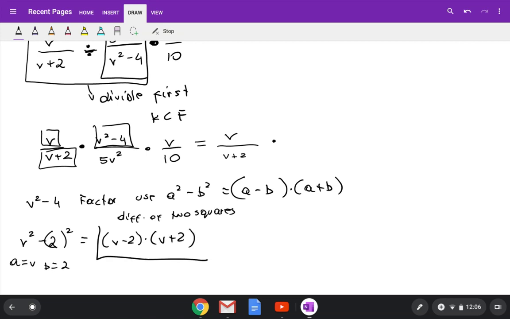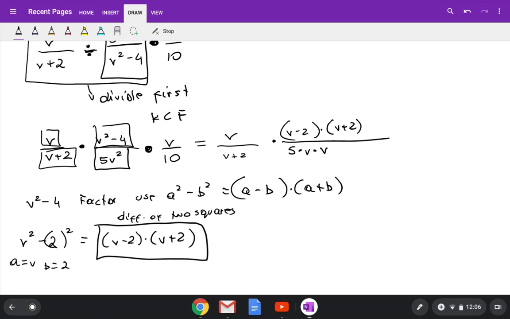So v squared minus 4 we're going to rewrite as v minus 2 times v plus 2, over 5v squared, which you can rewrite as 5 times v times v.